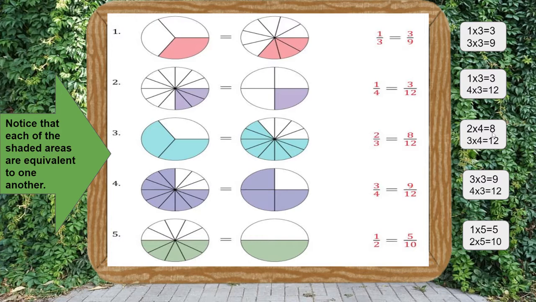Well, 2 times 4 is 8 and 3 times 4 is 12, making 2/3 and 8/12 equivalent to one another.